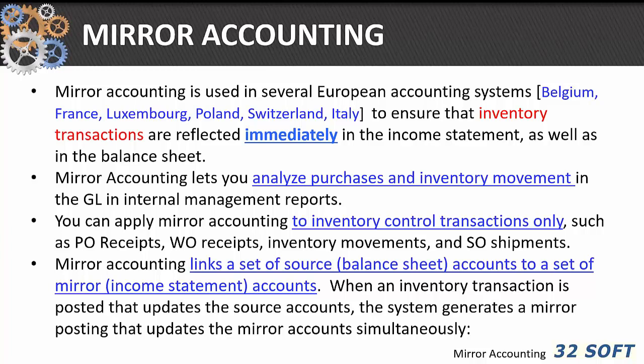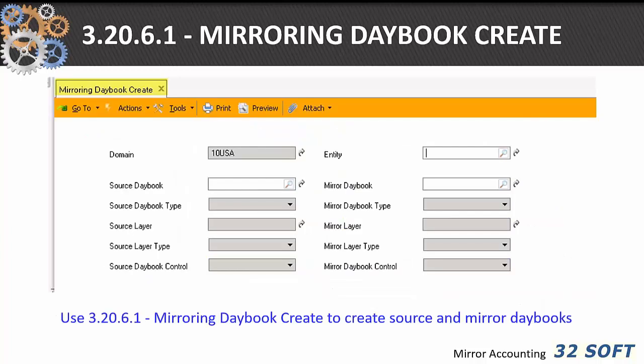You can apply mirror accounting to just your inventory or other transactions, and it basically sets up a link of source to mirror income accounts. So you set up a day book. Won't get into a discussion of that, but set up your day books.